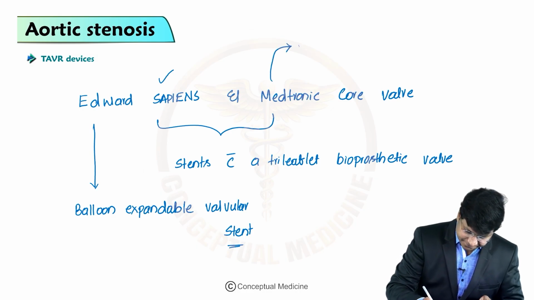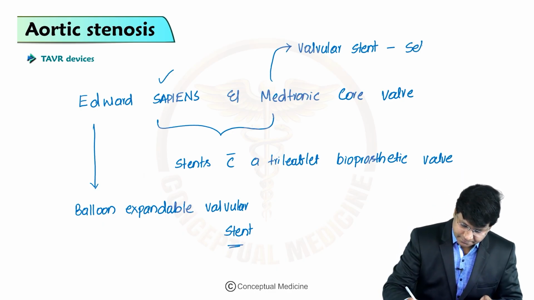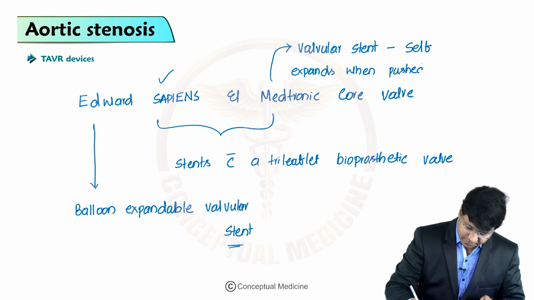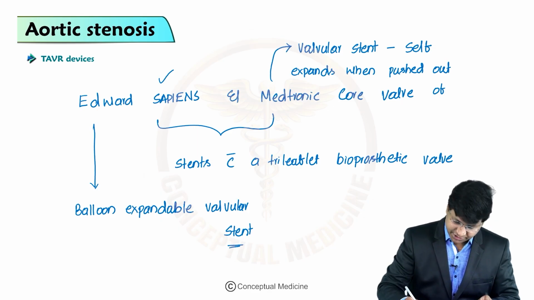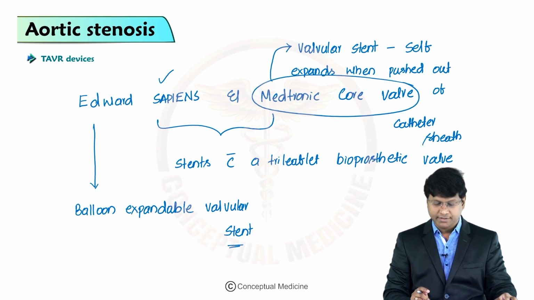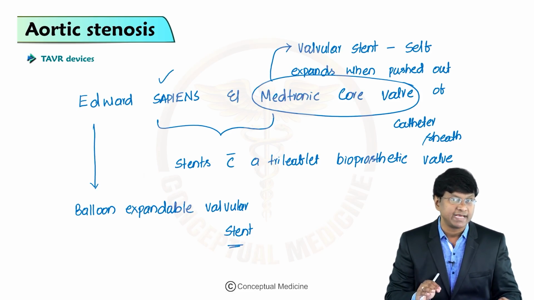So the Edwards Sapien valve is a balloon expandable valvular stent, while the CoreValve is a valvular stent that self expands when pushed out of the catheter sheath.